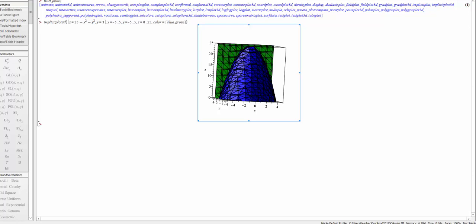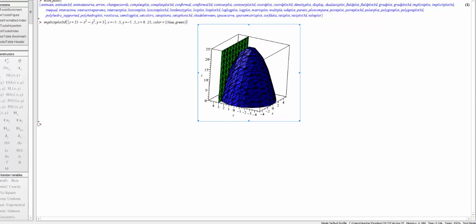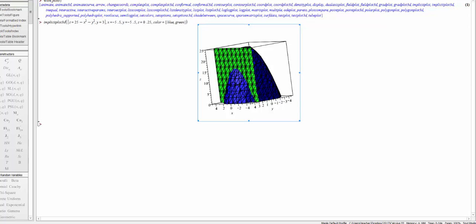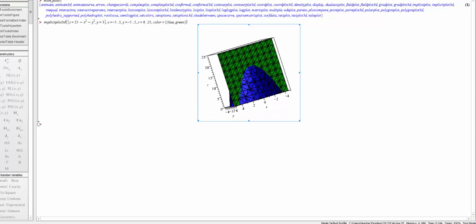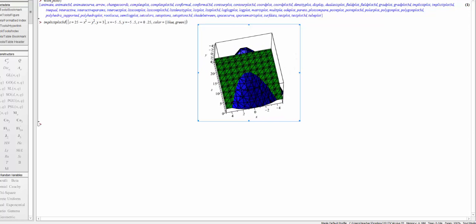So I'm looking at the intersection of this plane y equals 3 and this paraboloid, 25 minus x squared minus y squared, and you can see the intersection here. The reason I did that is because, when we talk about partial differentiation, I want to show you a specific example of where we keep one of the variables constant. In this case, I'm keeping y constant, and I'm giving it a particular value, y equals 3. And you can see that we have a nice intersection here.